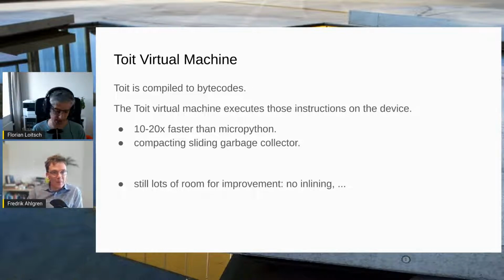A word on garbage collection. Very often we get this question: isn't the garbage collector the worst thing that could happen on a microcontroller? I mean, you need to have sub-millisecond responses and so on. And there are two good points to that. One is that the ESP32 basically does almost everything for you anyway.